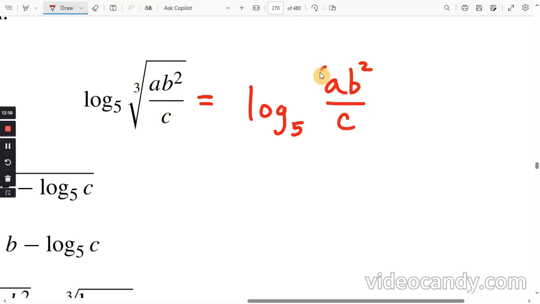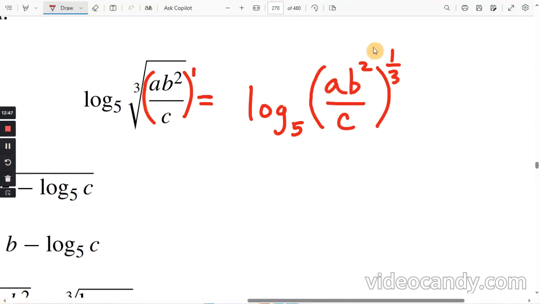And that fraction is going to be raised to the 1/3 power. Because the root on this radical is 3. And you could say the exponent on this whole thing is just 1. So remember, the exponent goes in the numerator and the root goes in the denominator. Anyhow, a cube root, that's the same as 1/3.